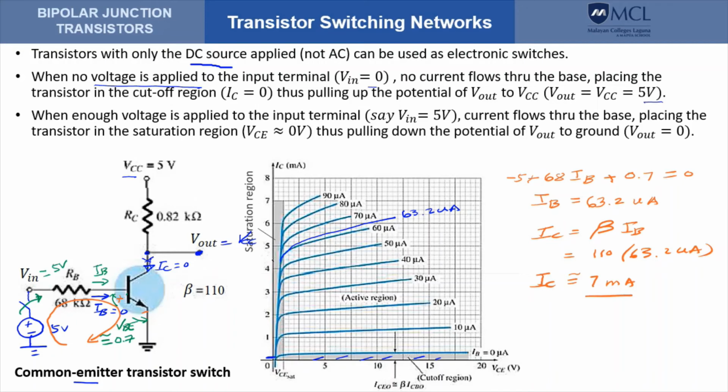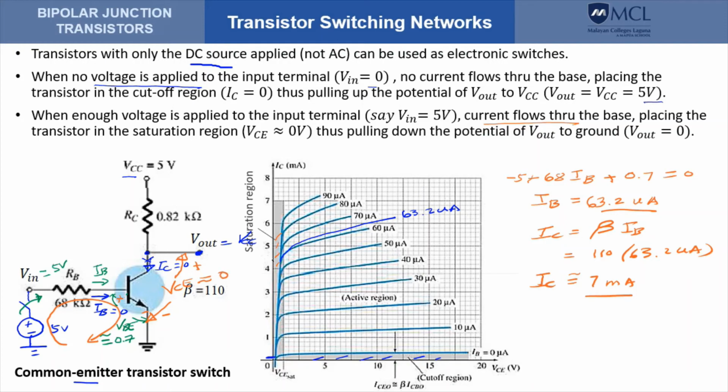And once there's a current flowing through the base equal to this, that places the transistor in the saturation region. So the transistor will be saturated and will operate here, making this voltage between the collector and the emitter, V sub CE, approximately equal to 0.